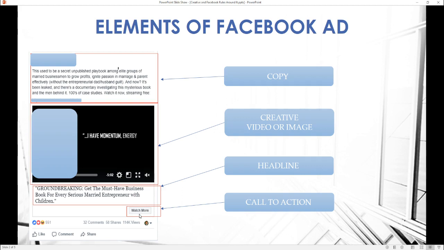So let me just be very clear about something. If you're running top of the funnel, if this ad was for top of the funnel, to create engagement, to create interest, to do broad awareness and brand promotion, you don't want to have a button here.